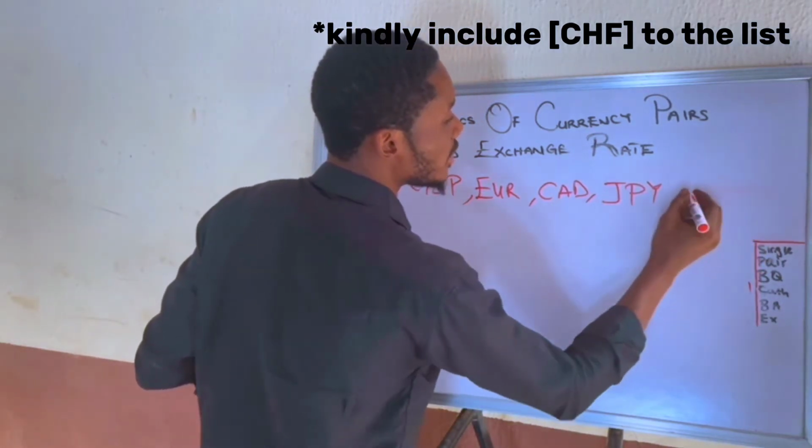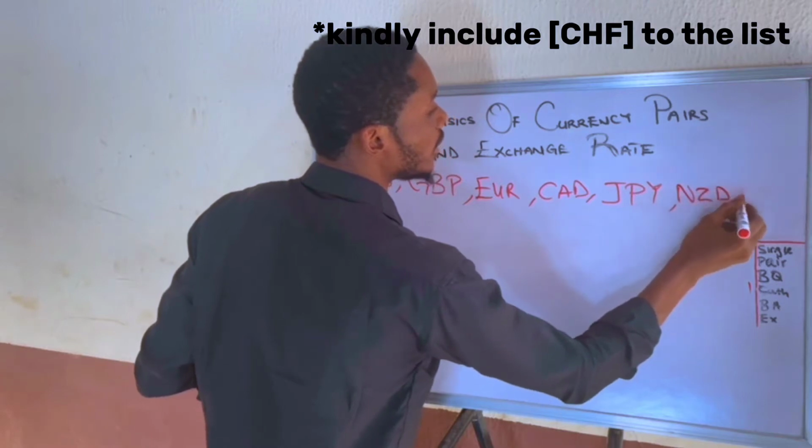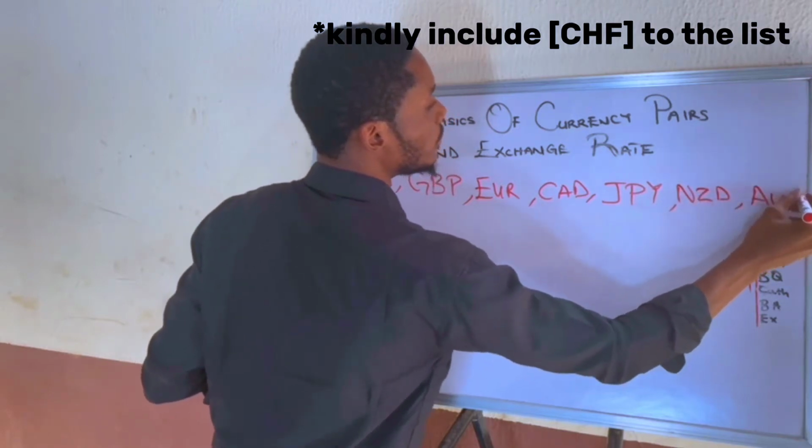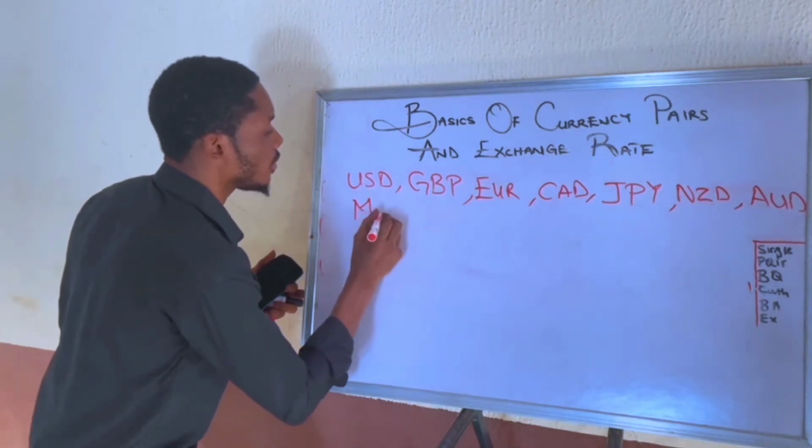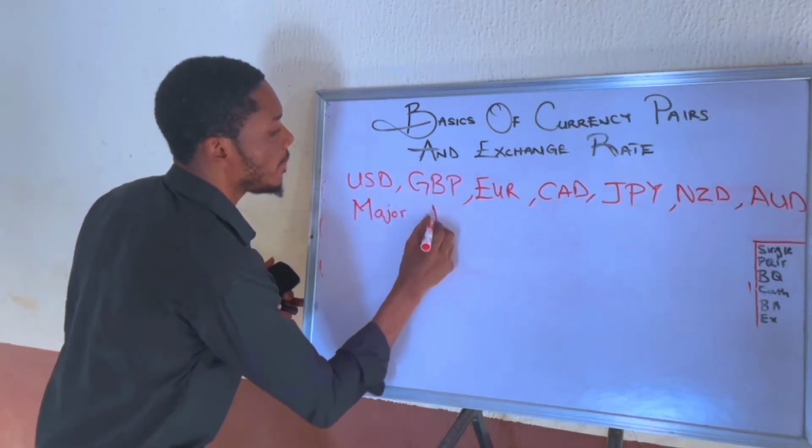Let me just minimize this. Right? So let's start with the major pairs.